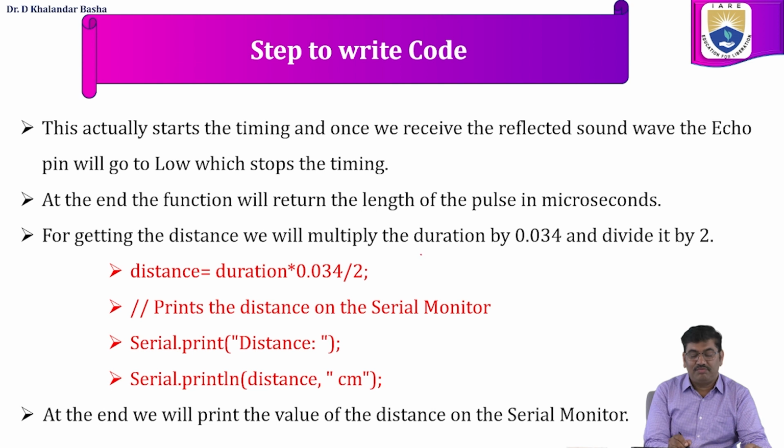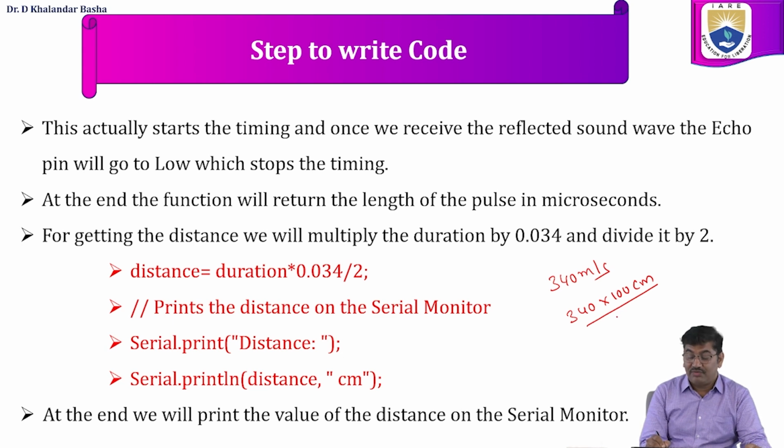For getting the distance, we will multiply the duration by 0.034, because the sound wave travels at 340 meters per second, and we want to consider this distance as well as the pulses we are receiving in microseconds. So we divide 340 into 100 centimeters, as 1 meter is equal to 100 centimeters.